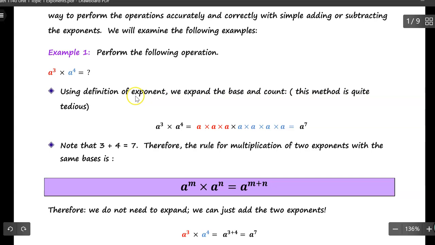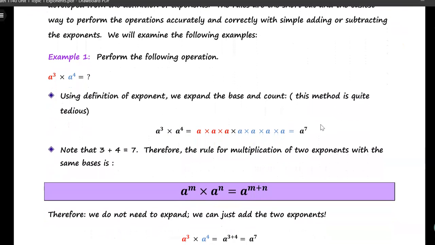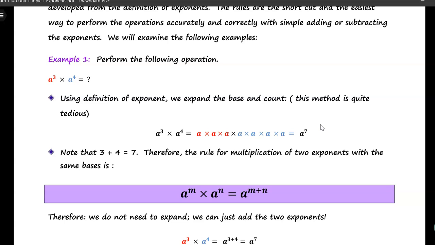Each time you multiply two powers with the same base, you don't want to use the definition, expand the exponent, count how many bases you have, and then raise it to the power. That's why the formula is created to provide you with a shortcut.